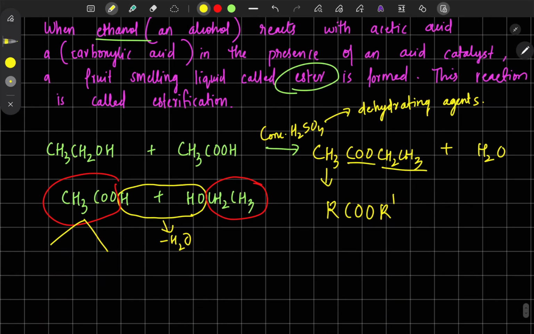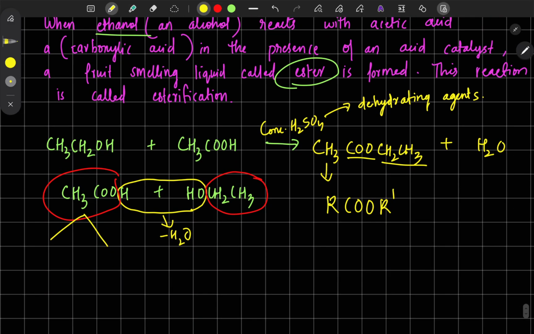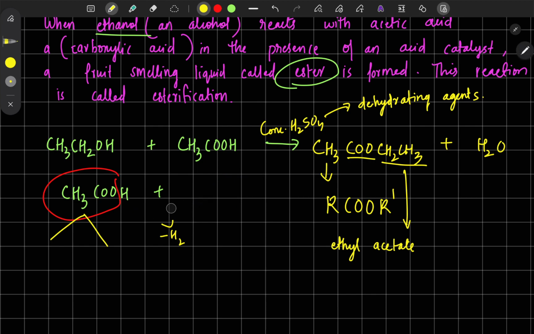So our general formula of ester is satisfied. The name of this ester, remember it, is ethyl acetate. So this is the reaction: ethanol plus acetic acid will give you CH3COOCH2CH3 plus water.